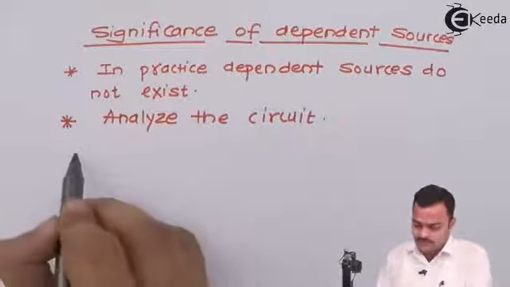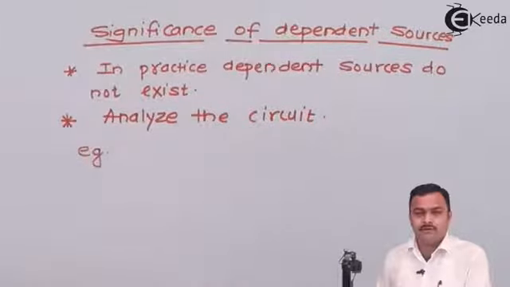The best example is whenever we analyze the bipolar junction transistor as an amplifier, there we need to draw its large signal or small signal analytical circuit using a dependent source.